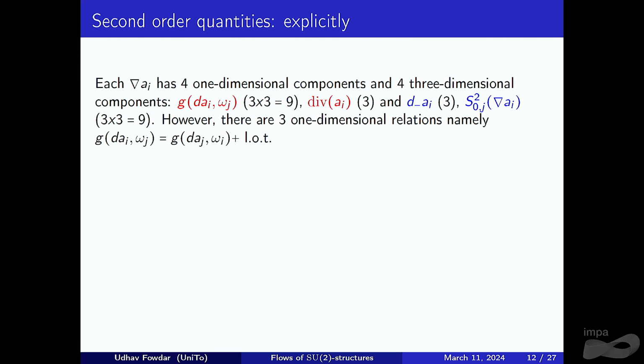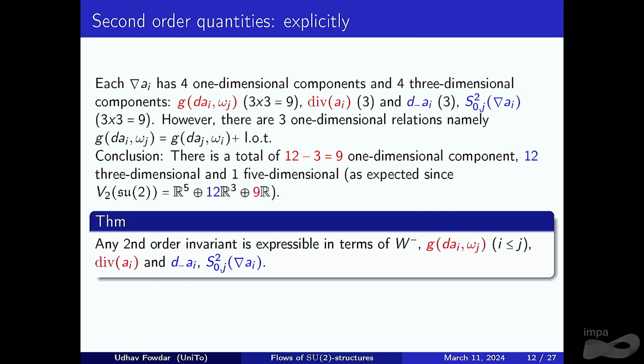So there are 3 one-dimensional relations. So what this tells you is that, in fact, there are not 12 functions. There are 12 minus 3, so there are 9 functions, and 12 3-dimensional bits and 1 5-dimensional bit, which is precisely what the representation-theoretic argument gave you earlier.